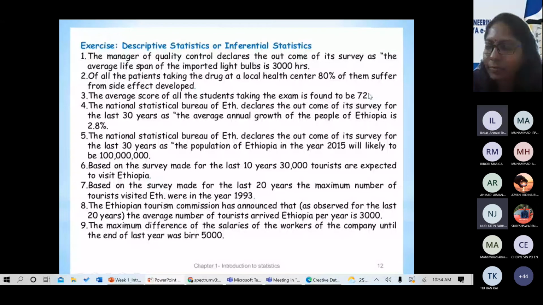Which one? Descriptive, inferential? I'm leaning more towards descriptive now. Okay. Any others? Anyone who still thinks it's inferential? Any others?